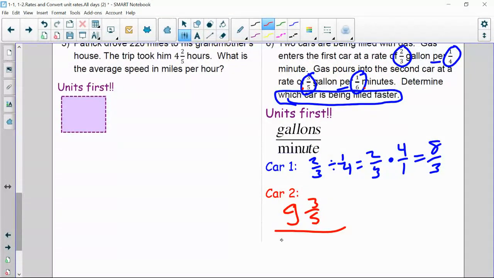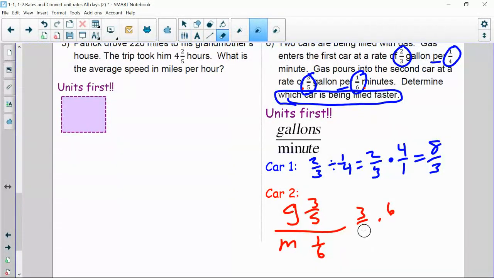Our minutes of 1/6. That really means I'm taking 3/5 times, writing a little sloppy, 3/5 times 6/1. Okay, 3 times 6 is, I know in your head you said 18.